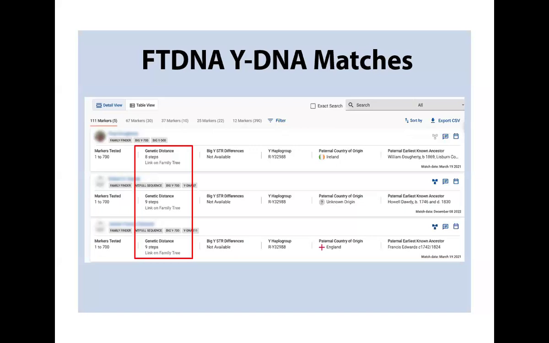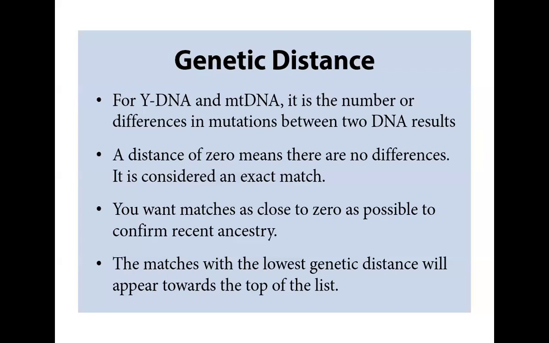But you generally are finding this when you're going into your match list at Family Tree DNA, they break it down based on the number of markers you've tested at, and then you can look at the level of matches with your closest matches or lowest distance at the top and your highest genetic distance at the bottom. So when we want to look at those differences in mutations, again, we're looking for a 0, which means that it is an exact match.